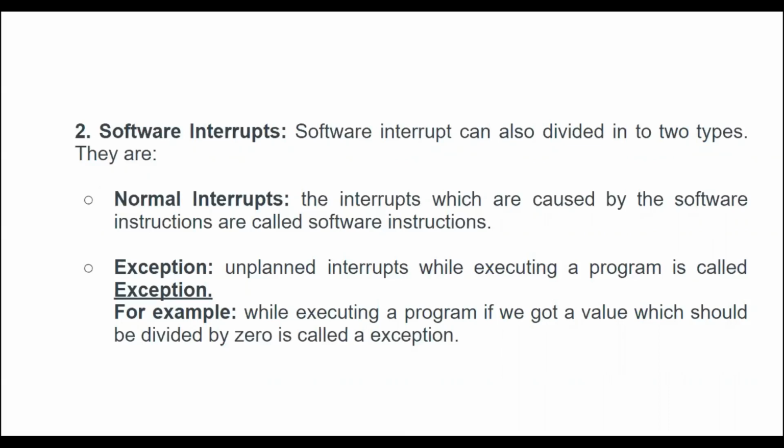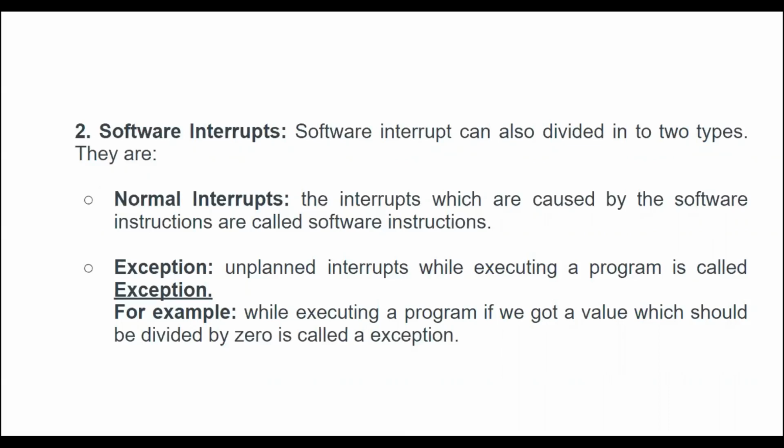So we have two types. We have the normal interrupts: the interrupts which are caused by software instructions are called software interrupts. Whereas an exception is an unplanned interrupt while executing a program.